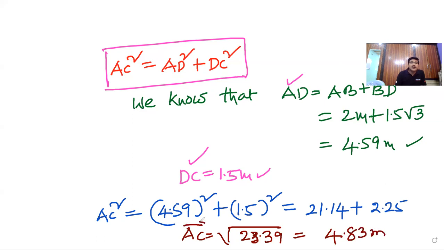This is AC bar, because displacement is a vector. So we found displacement AC bar.